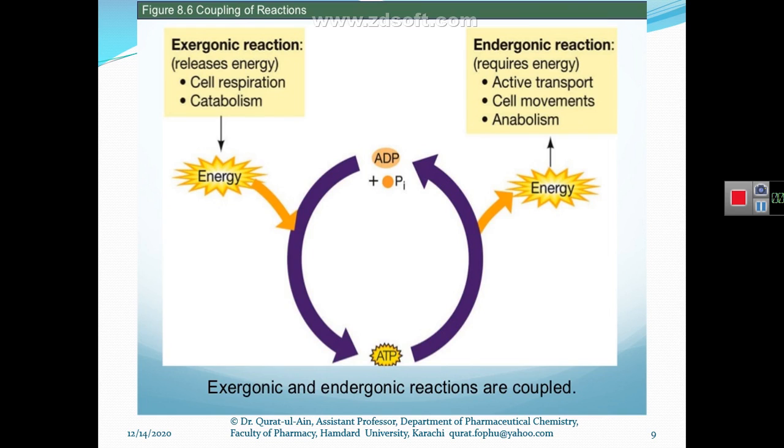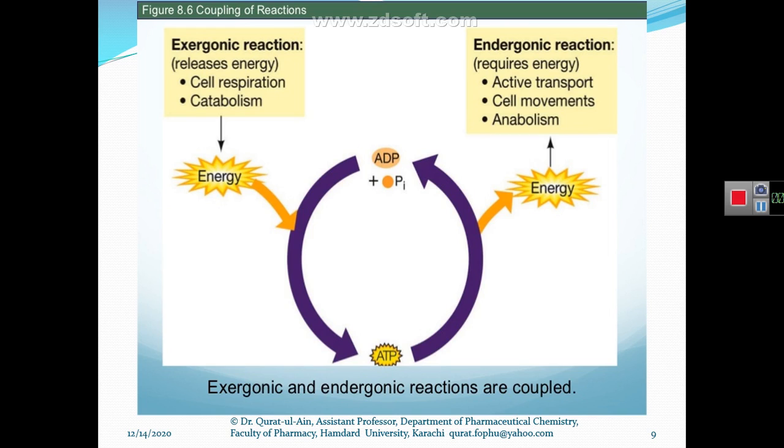Whenever these macromolecules convert into monomeric units, the monomeric units are transported inside the cell with the help of a protein against the concentration gradient. So to transport these molecules, energy is used.